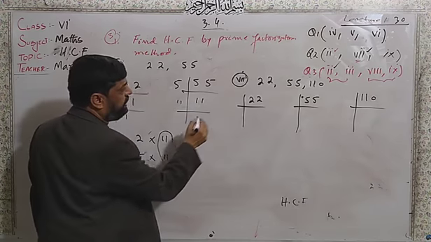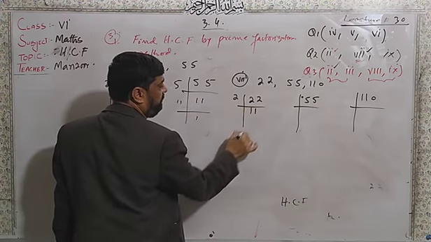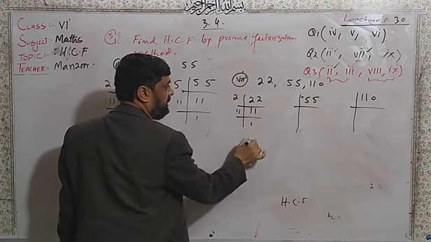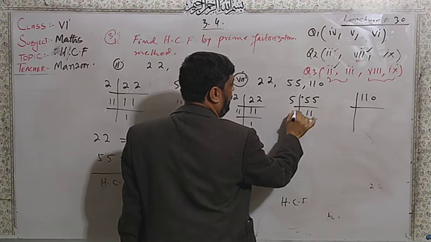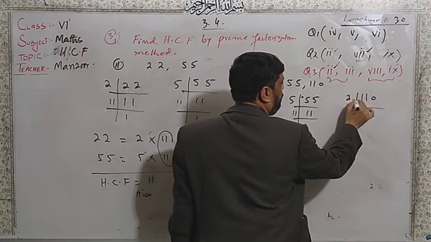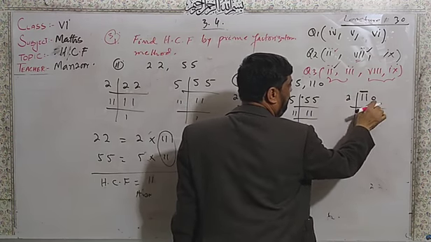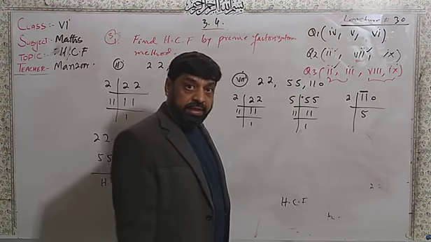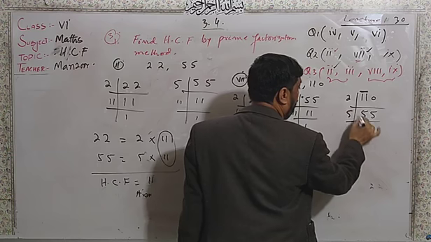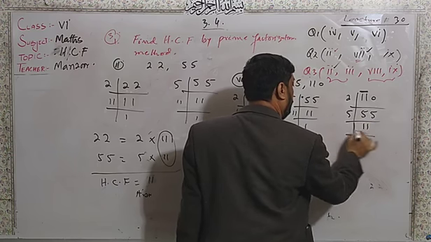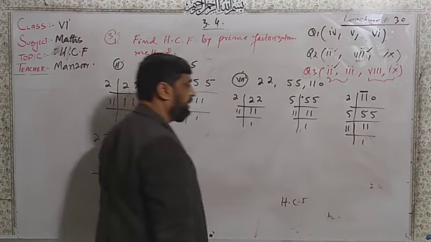Dear students, see here, table of 2, 1 time, 11, 1 time. Here 5, this is nothing, 1, here 11, 1. Here table of 2 on 110, 55 times. 10, table of 2 on 10, 5 times, again 5, 1 time, and here 11, 1 time.